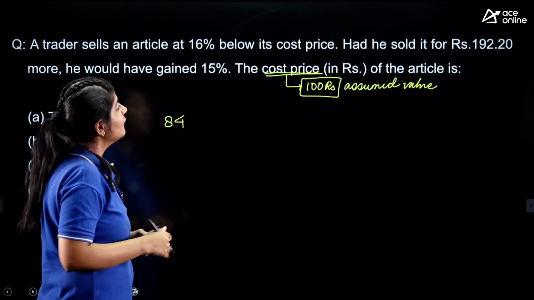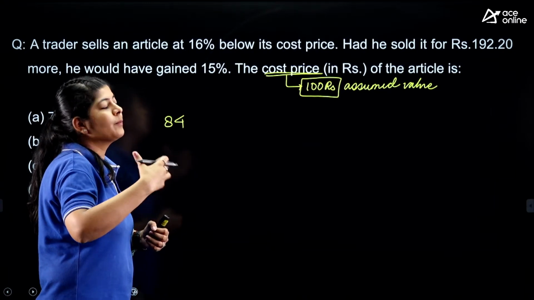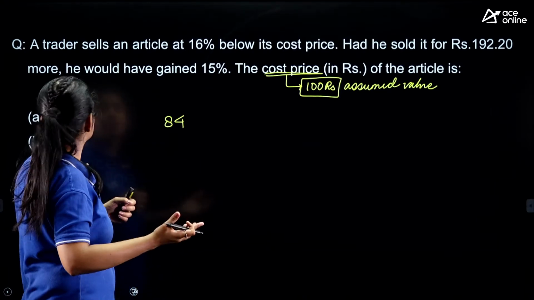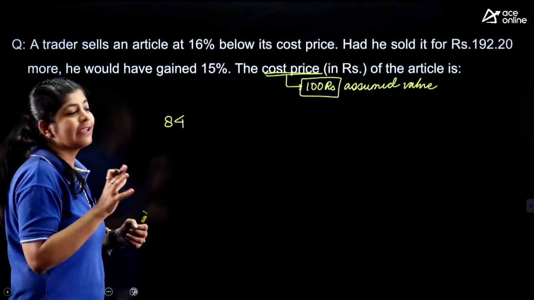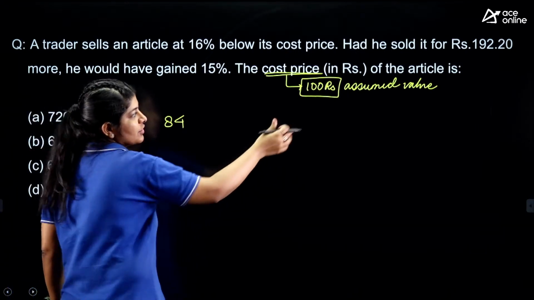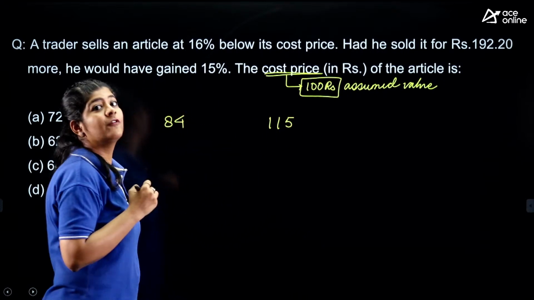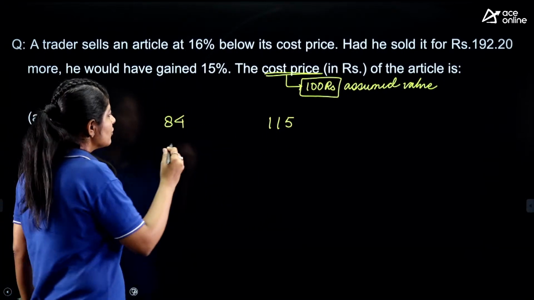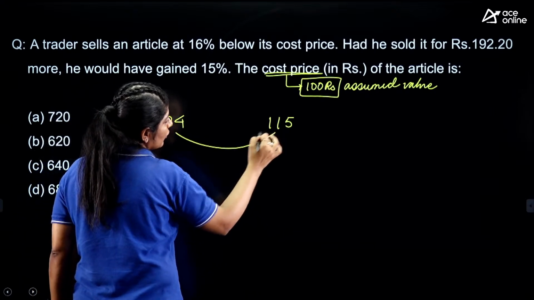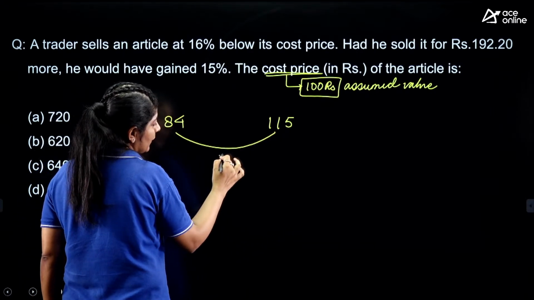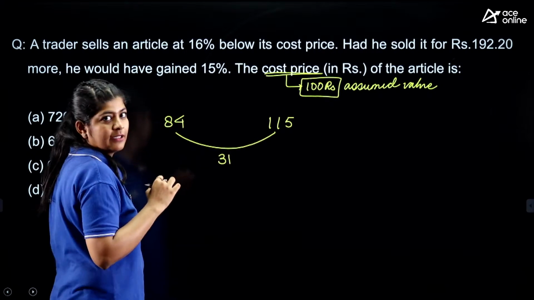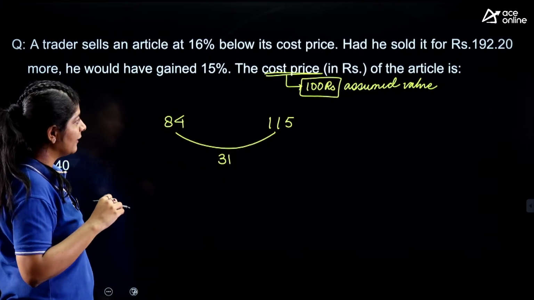But if he sold it for rupees 192.20 more, then he would get a gain of 15%. So instead of 100 rupees, he will get 115 rupees, right? So the difference that we got over here is 31.